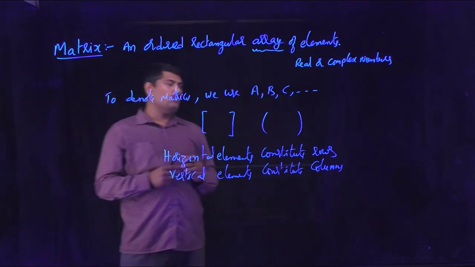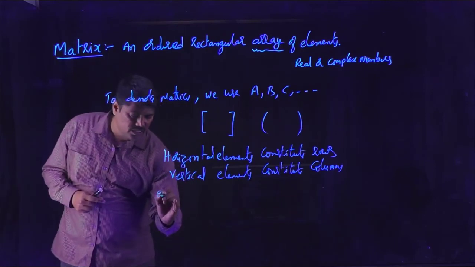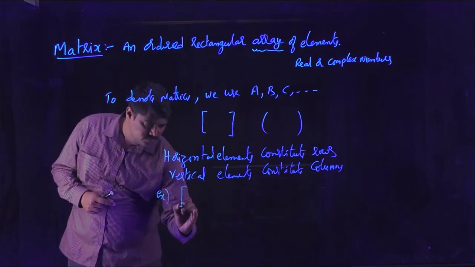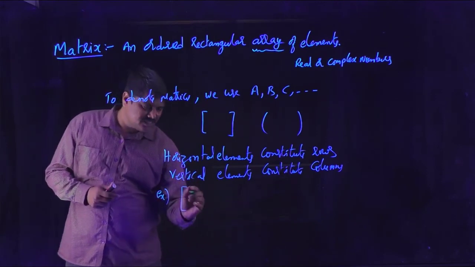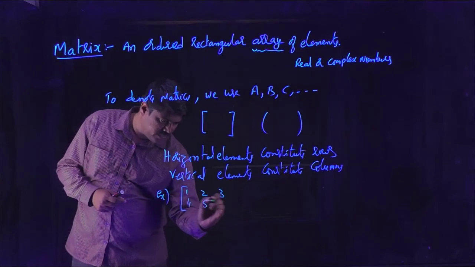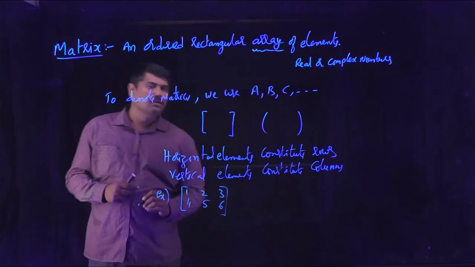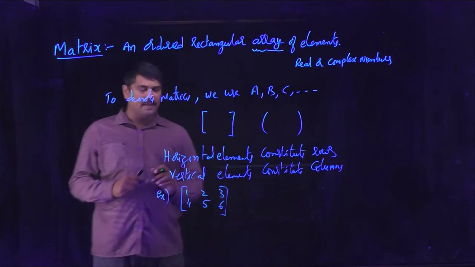Let me write one example related to the definition of matrix. Observe the example here. I told you matrices are indicated in brackets like this: 1, 2, 3, 4, 5, 6. This is the example for a matrix. Now let me explain it.